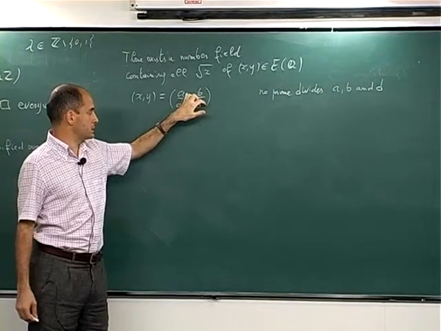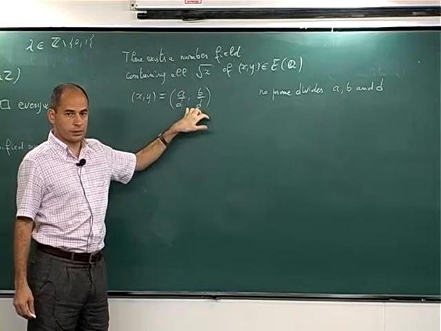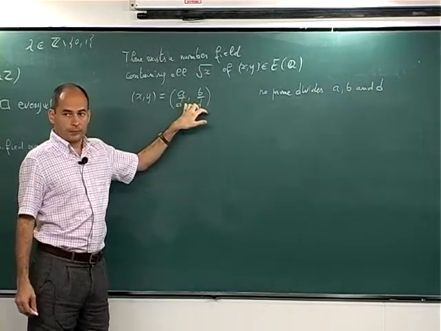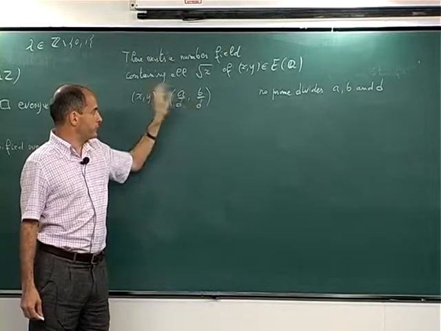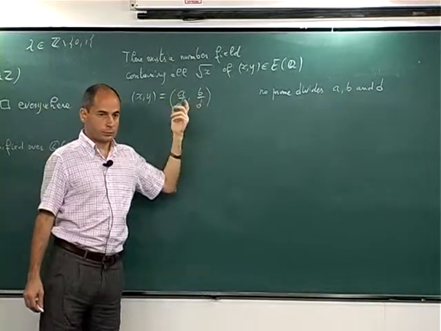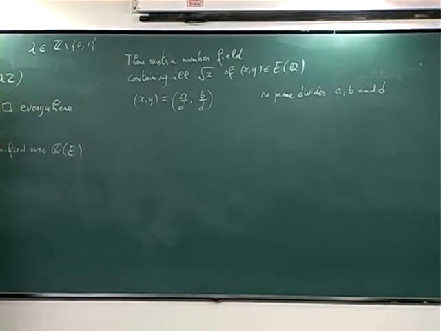So either it divides only A with even multiplicity, or only D with even multiplicity, or both A and D in such a way that after simplification there will remain an even multiplicity. So with the same parity of the multiplicity.